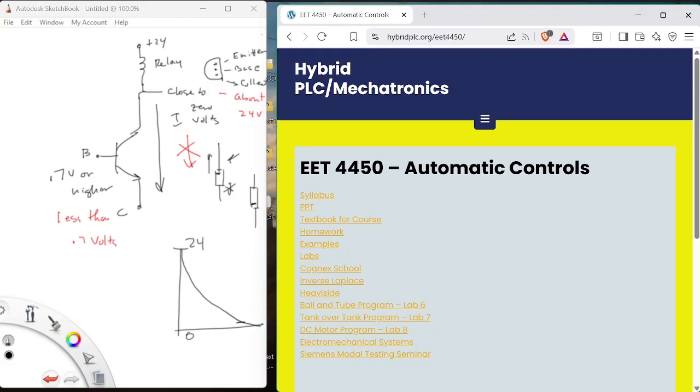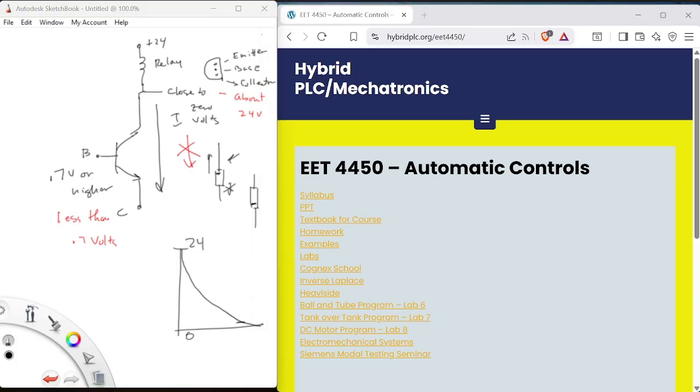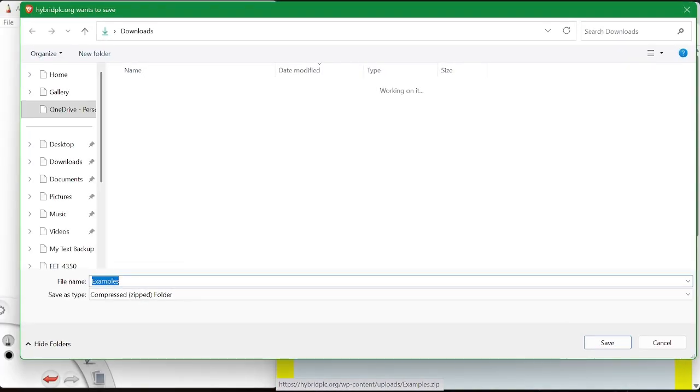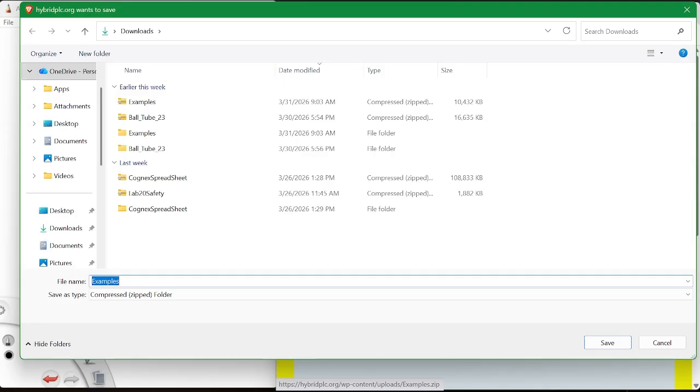If you're ready to take this EET 4450 class, that's a senior level class. Most people take it in their senior year, but we're doing this the same as they do it, for electricals and mechanicals. I don't want to make a big deal about it, but I'll give you the basics for what it is. So this is under examples, and then under examples, you click on it.